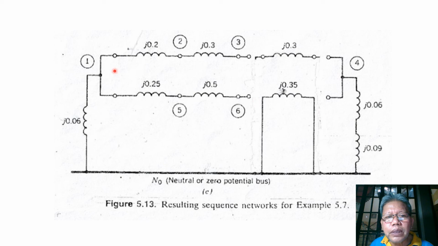So therefore, from bus 1, if we continue tracing the flow of the zero sequence current, the zero sequence current can flow from bus 3, going to bus 2, then going to bus 1, and then to the reference axis in O through this. So we have only this path now for the zero sequence current.